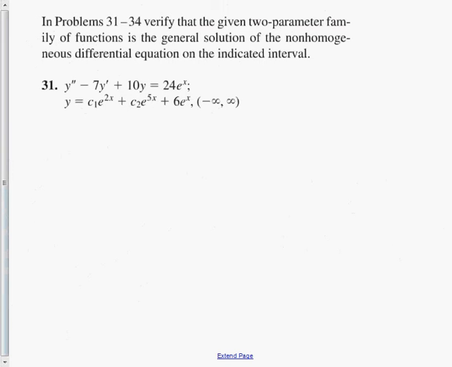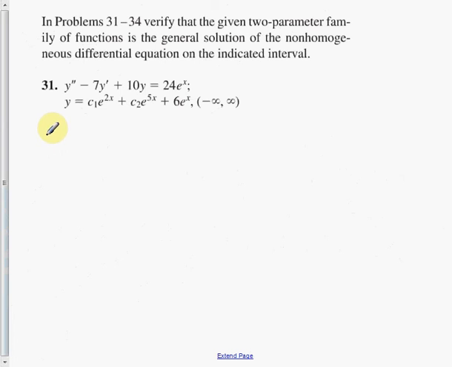Let me move on to this problem here. Verify that the given two parameter family of functions is the general solution, here for the non-homogeneous differential equation on the indicated interval.